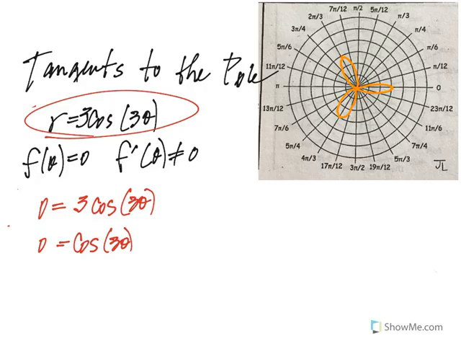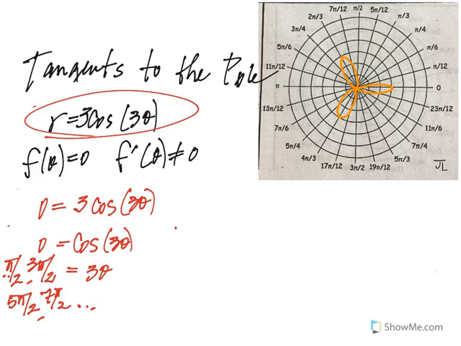So first I divide both sides by 3, and then I'm going to take the arc cosine of 0. That gives me a 3 theta value of pi over 2, 3 pi over 2, 5 pi over 2, 7 pi over 2. You don't need to worry about how many we're looking for. We're looking for a pattern in the answers here. And I'm going to divide all of these by 3. By the way, these angles go on forever and ever in both directions since there are no restrictions for what theta can be.